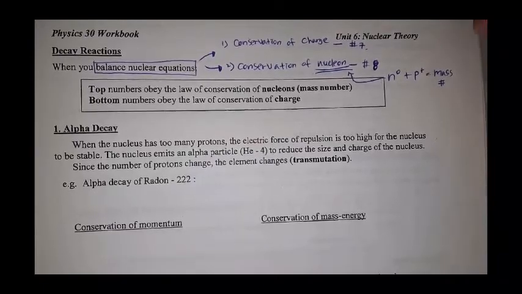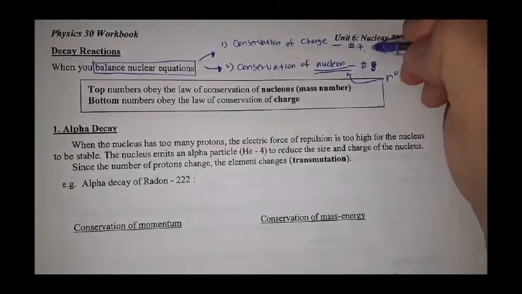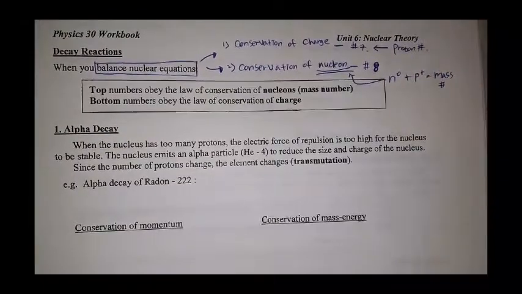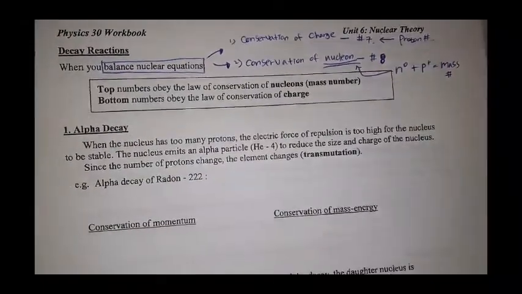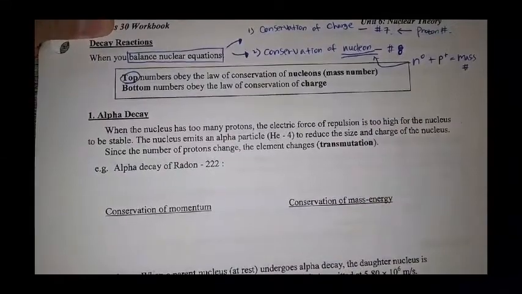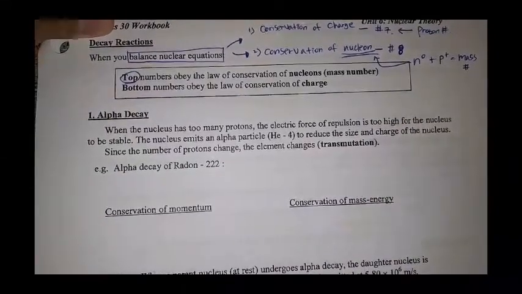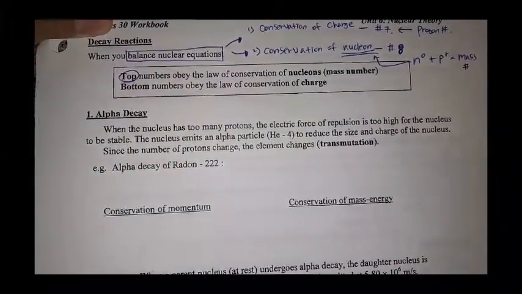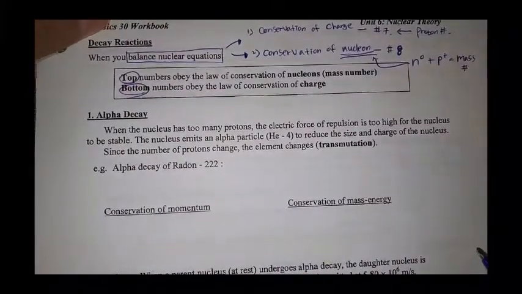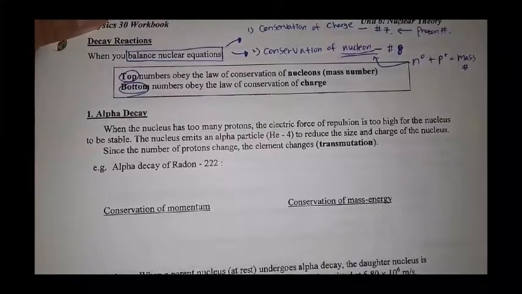But when it comes to nuclear physics, it's the bottom number, the proton number. So the top number uses conservation of nucleon, and the bottom number is conservation of charge.